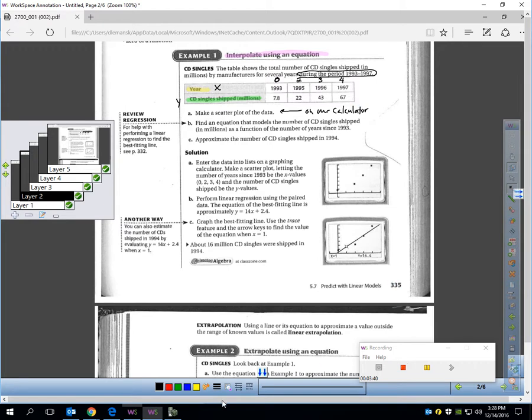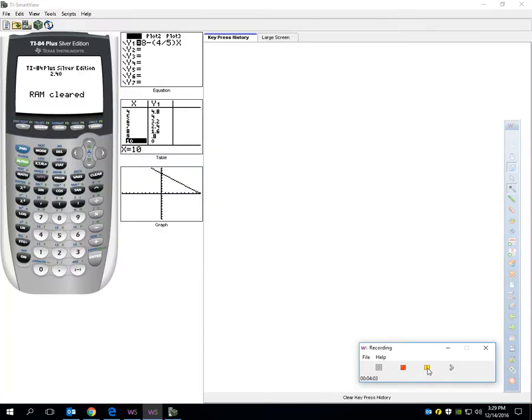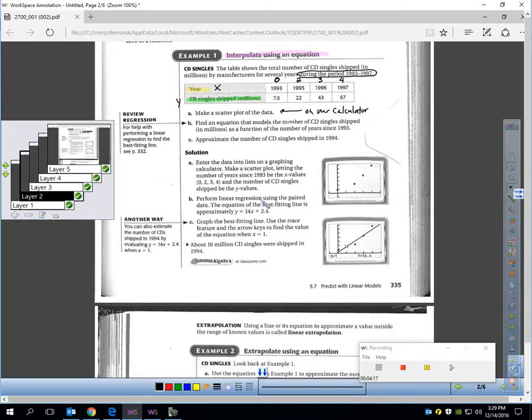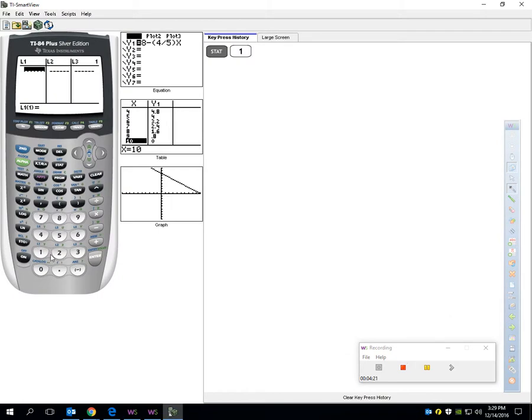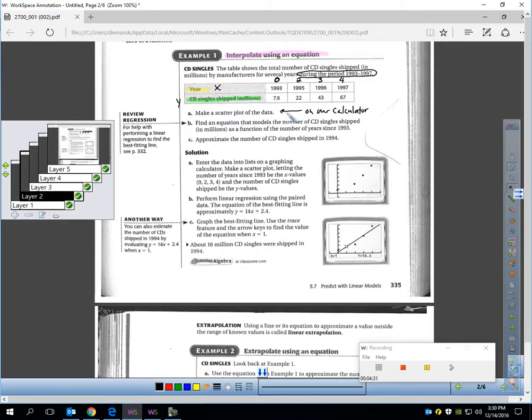So let's do that. Let's go to our calculator. And remember, to type a table in, we're going to hit the Stat key first. Option 1 is Edit. There's a table. The first point to plug in, remember, on our table was the point 0, 7.8. So let's plug that in. 0 for X and 7.8 for Y. The next point I wanted to plug in was 2 and 22.